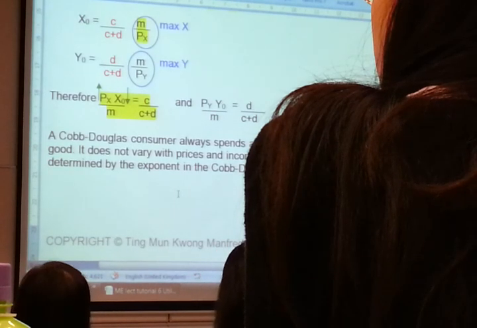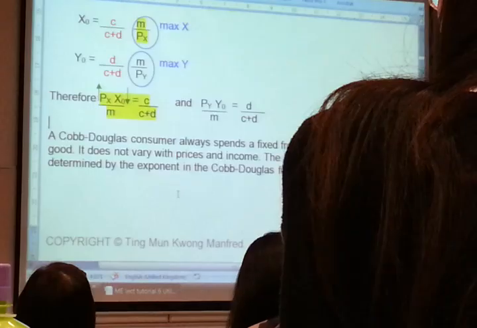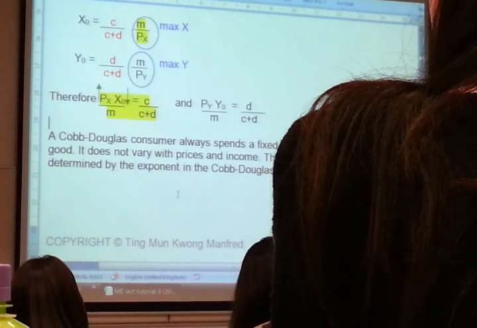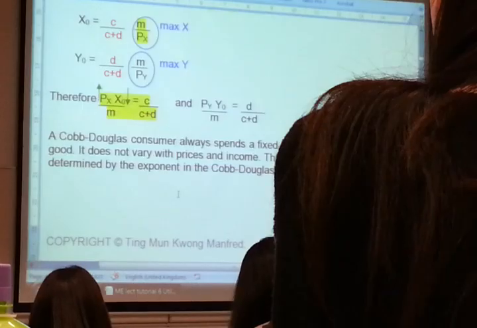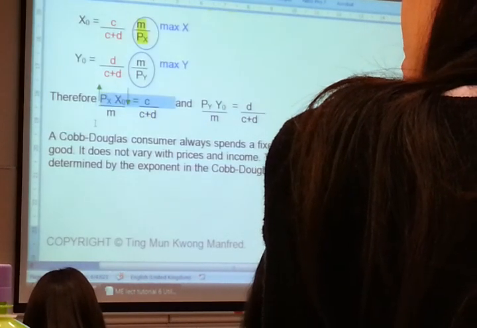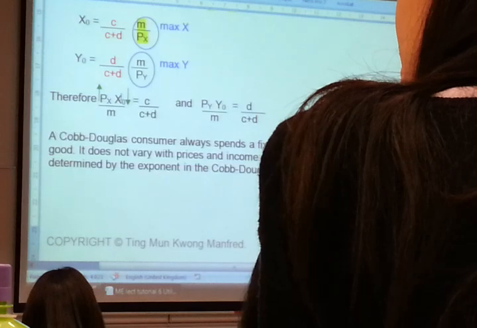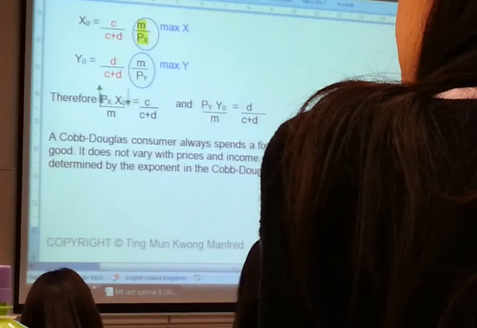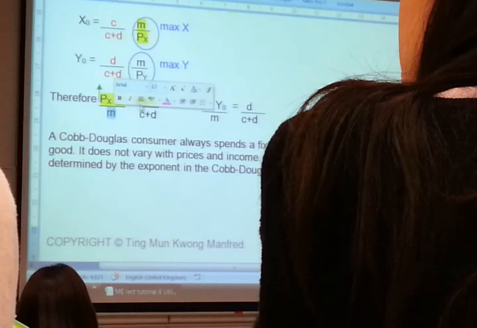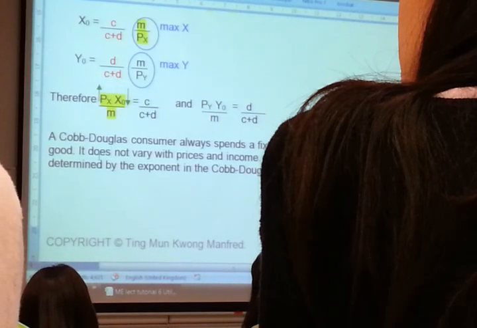Okay, I want to do some interpretation now. For a Cobb-Douglas consumer, you notice the total amount of money that they spend on good X in relation to their income is always a constant. You see or not?